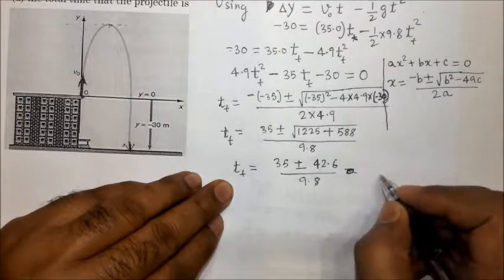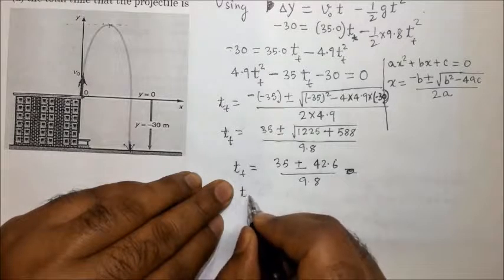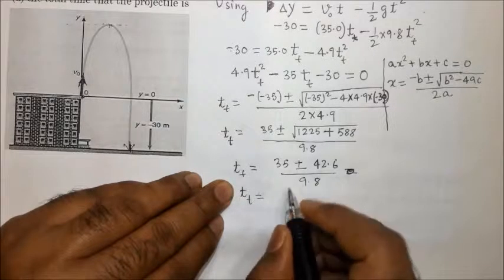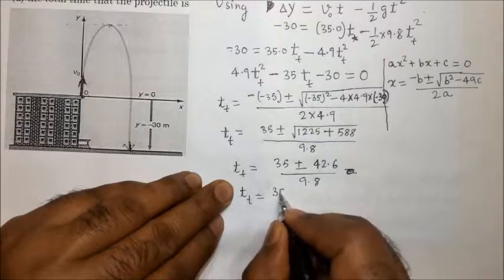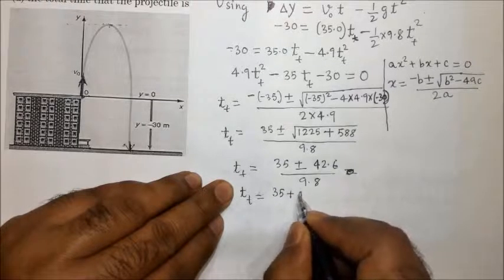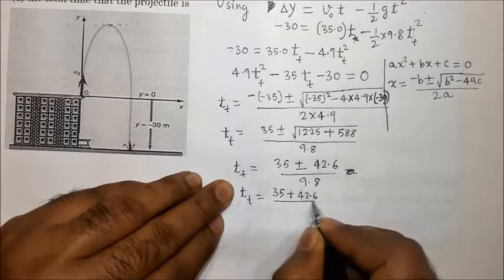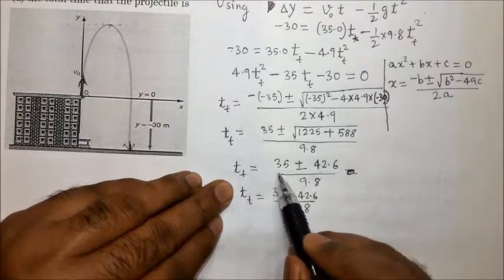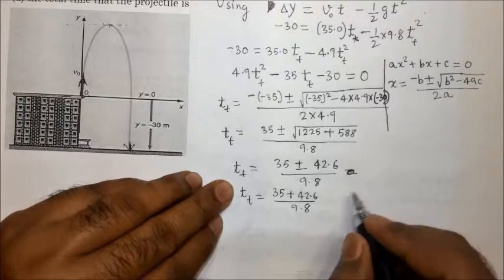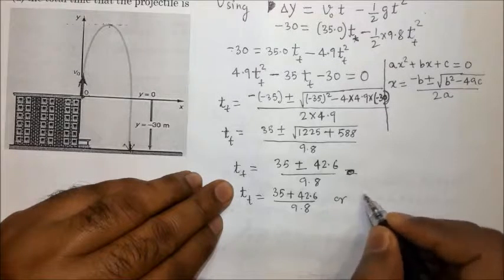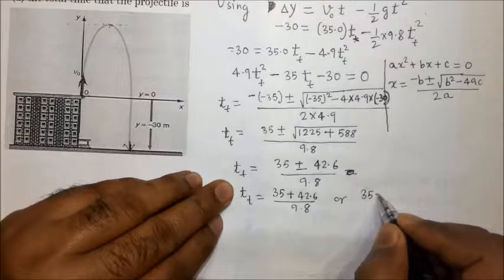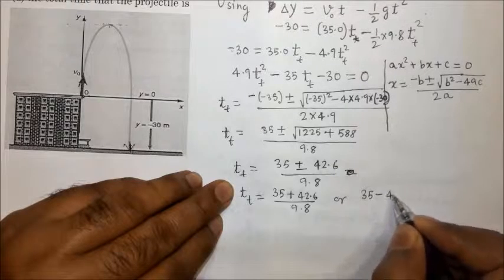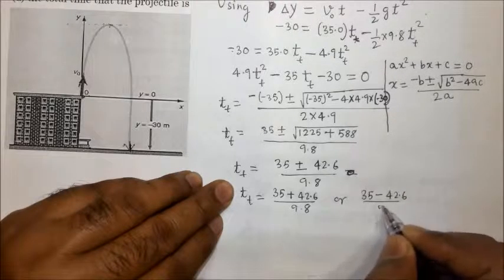So the correct solution will be t sub t is 35 plus 42.6 over 9.8. Or you can write 35 minus 42.6 over 9.8.